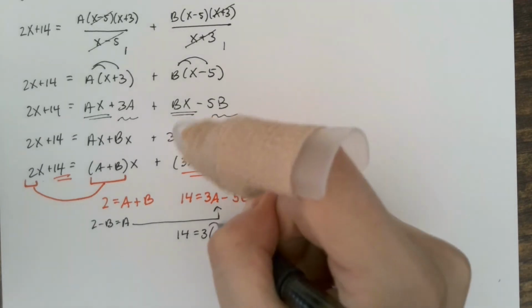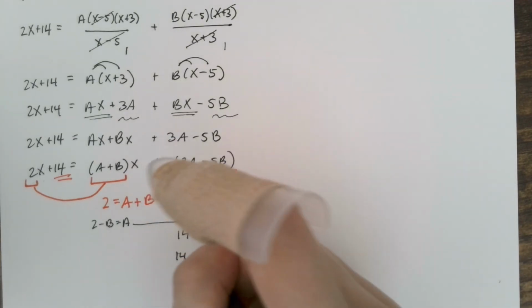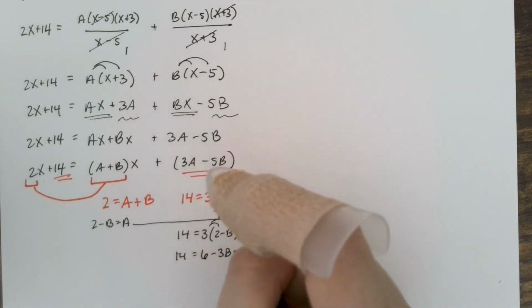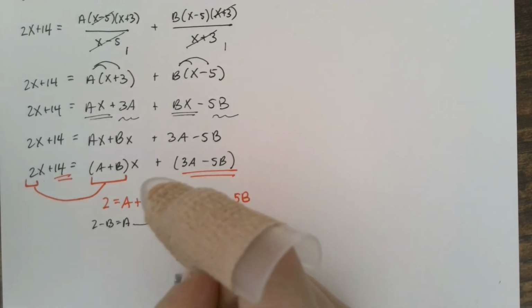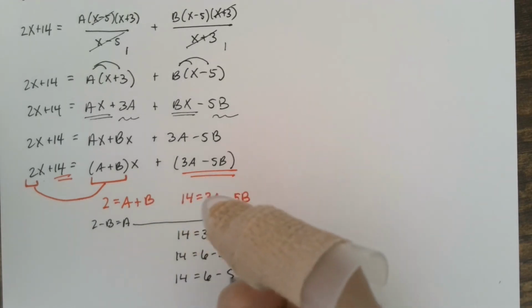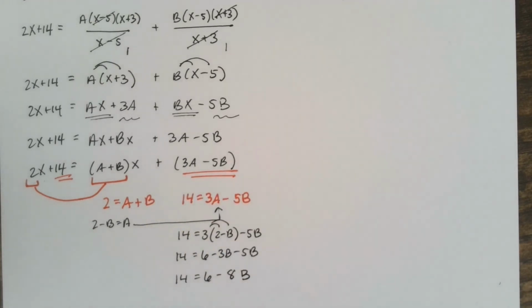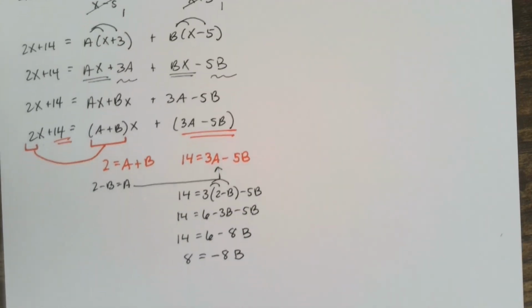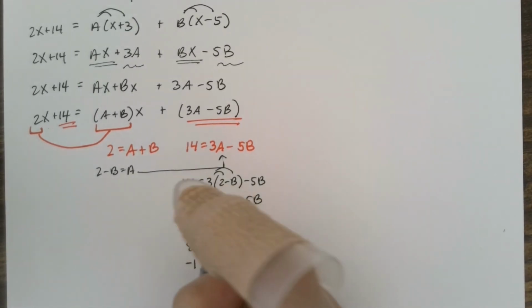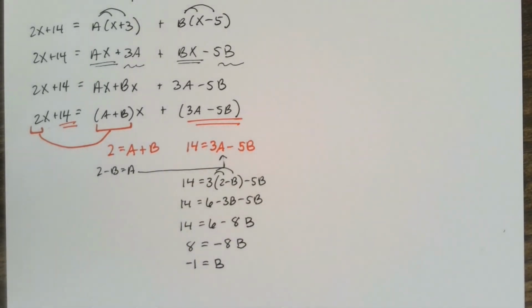I'll distribute this 3. Combine my two b terms, that's minus 3b minus 5b is minus 8b. I will subtract the 6 onto the left-hand side. Divide by negative 8. And finally, I have one of my answers.